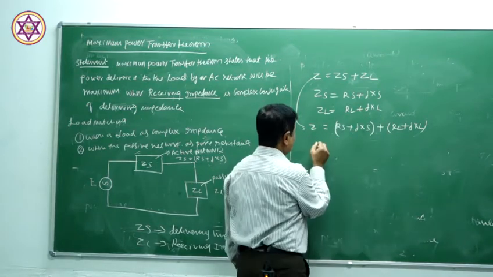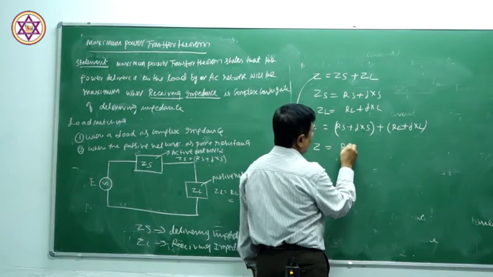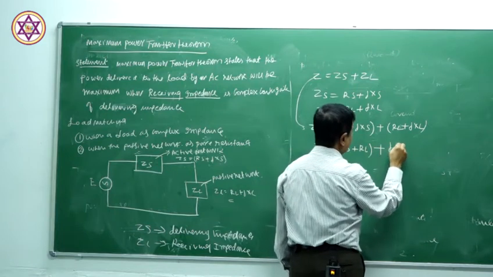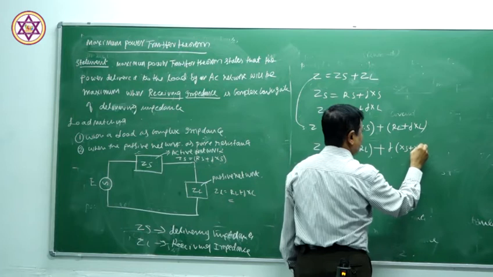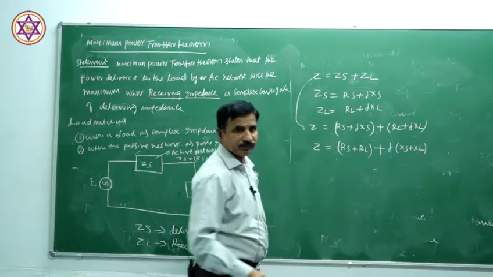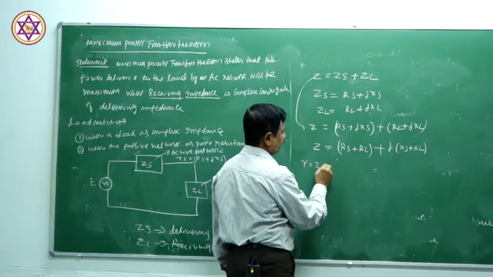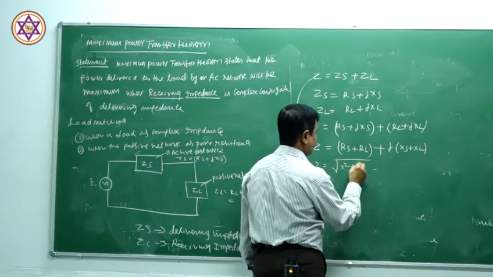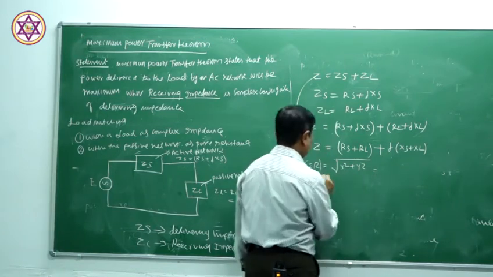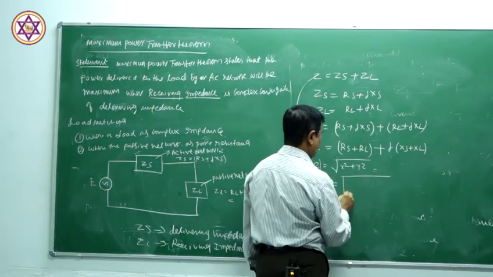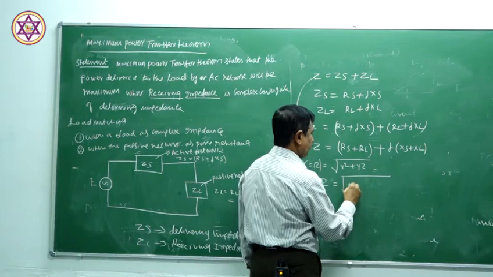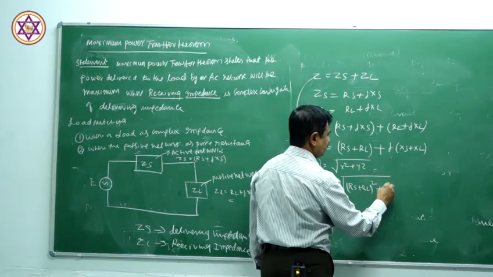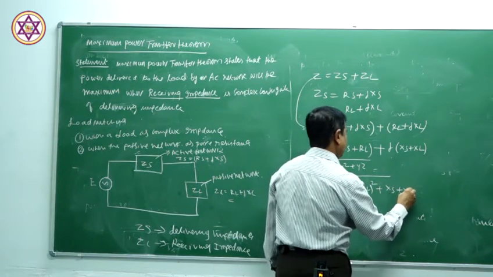I can write this as RS plus RL plus j times XS plus XL. Or else, you know that the magnitude of Z is the root of x squared plus y squared. Therefore, Z can be written as the square root of RS plus RL the whole square plus XS plus XL the whole square.